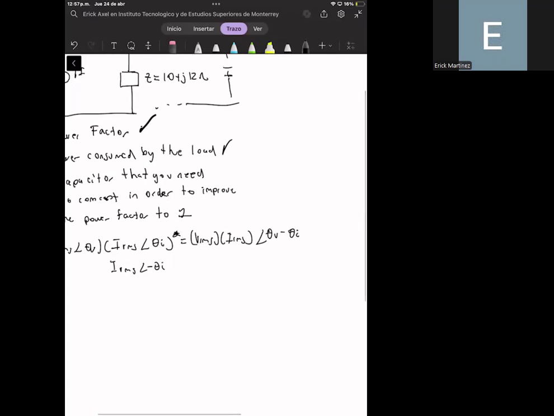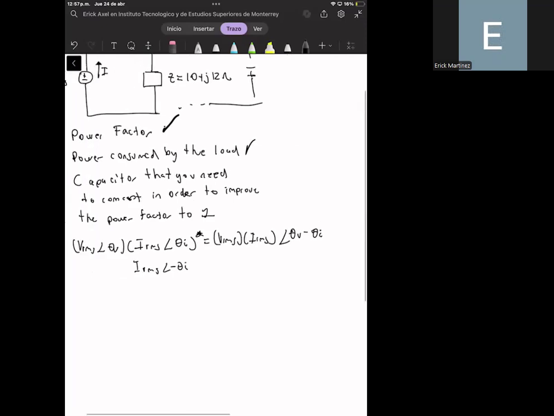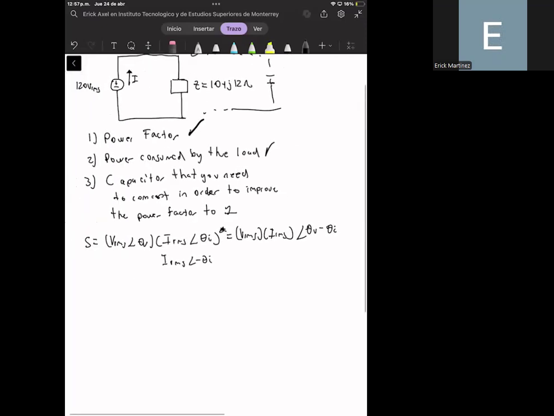Okay, that is why we have this phase angle difference, no? Between the phase angle of the voltage and the phase angle of the current. So this is the phase angle difference, and the complex power can be also expressed in rectangular form, no? Where we have a real part and we have an imaginary part.